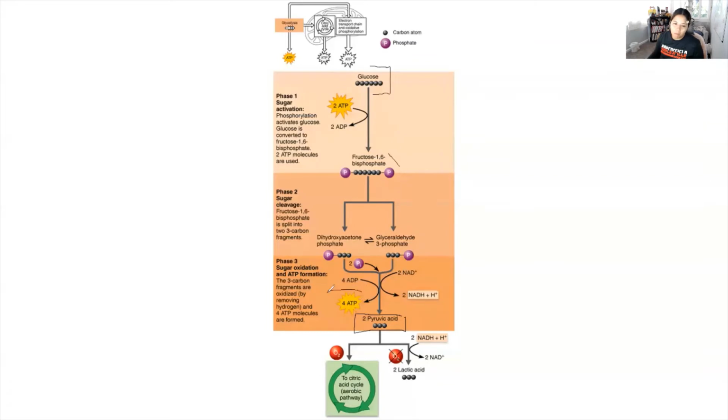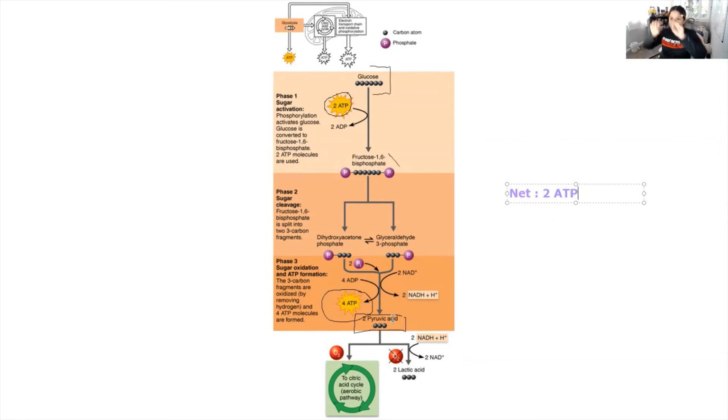So we make about 4 ATP in glycolysis. However, we do actually use 2 ATP to start us off. So glycolysis actually has a net gain of 2 ATP.